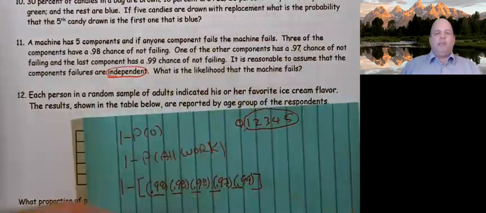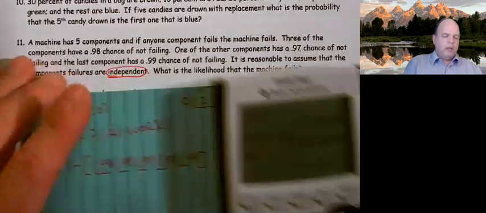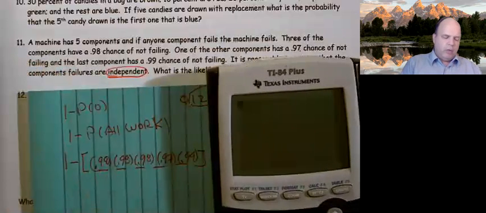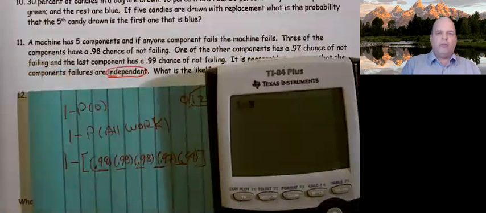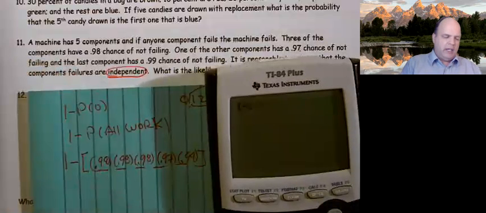Once again, they fail independently, so I can multiply them. So 1 minus 0.98 times 0.98 times 0.98 times 0.97 times 0.99.